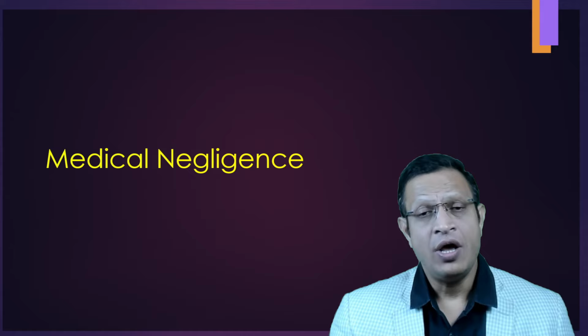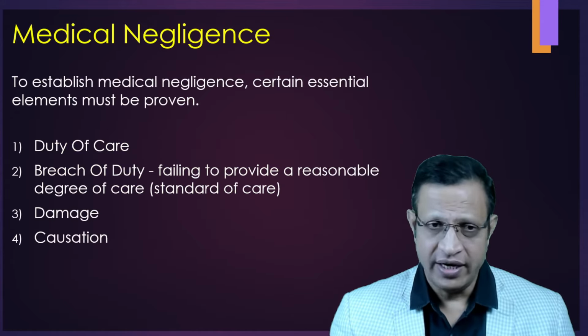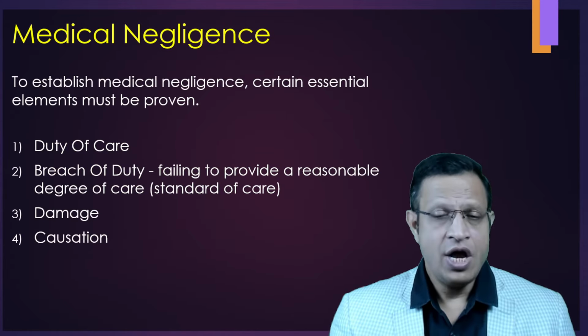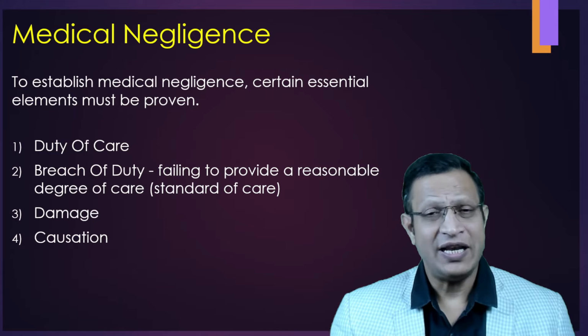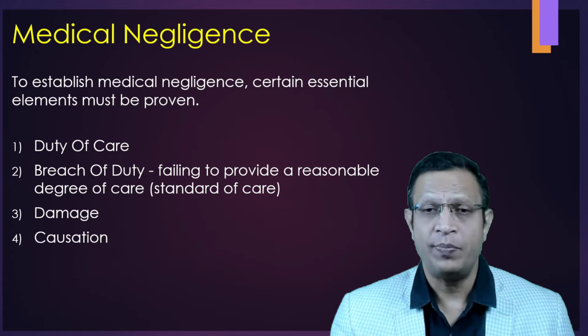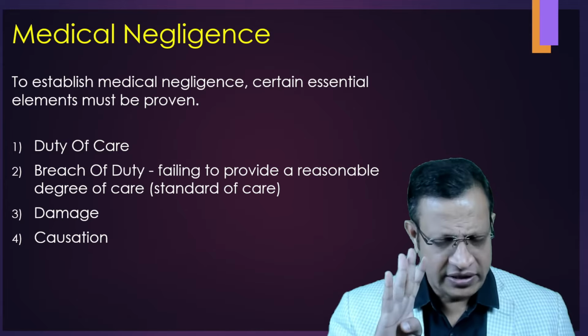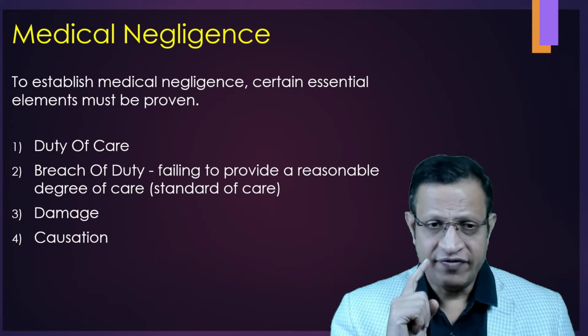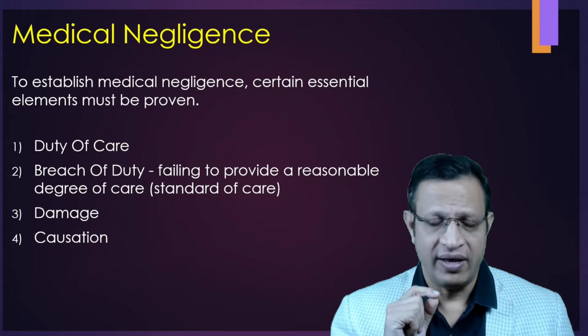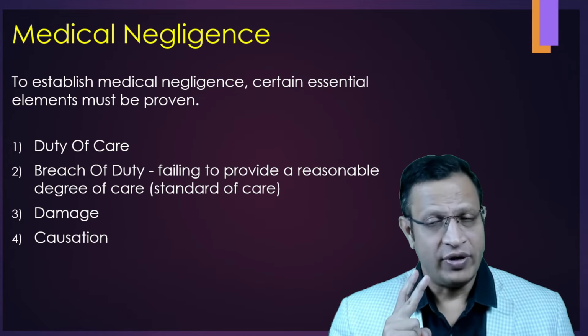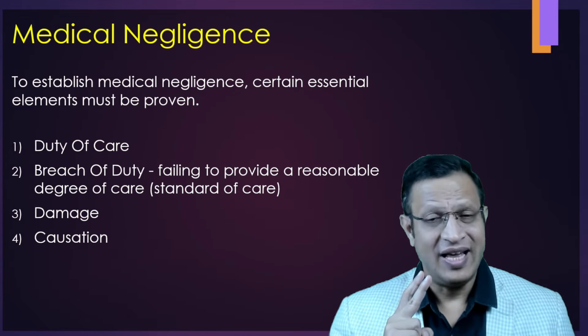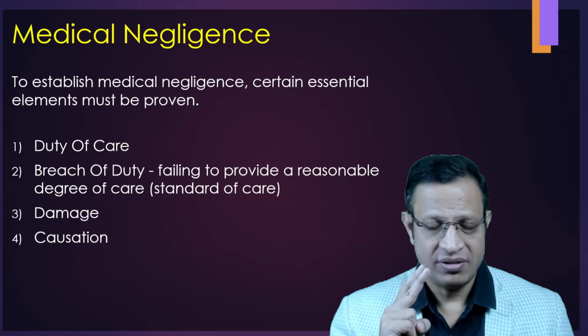Now let's understand how medical negligence is assessed in India. To establish medical negligence, certain essential ingredients need to be proved by the patient and their party. There are 4 important ingredients. The first is that there should be a duty of care. The second is that the duty of care should be breached.